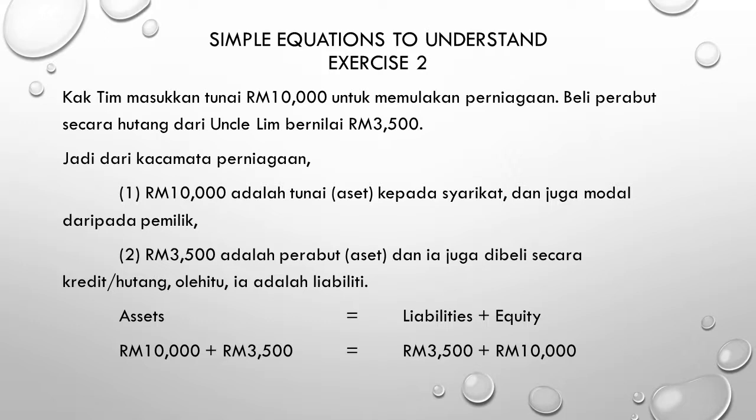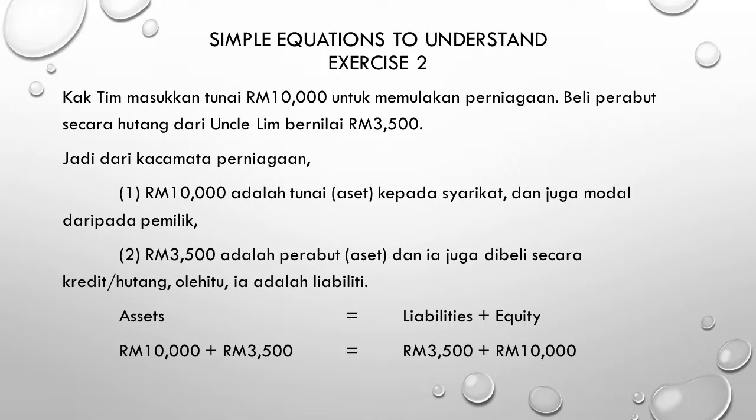Remember previously I put in 10,000 as my capital, so it becomes 10,000 cash, which is an asset, to the business, and then I purchase furniture. Furniture is an asset for the business, costing 3,500, but I purchase it on credit, so it becomes a liability.